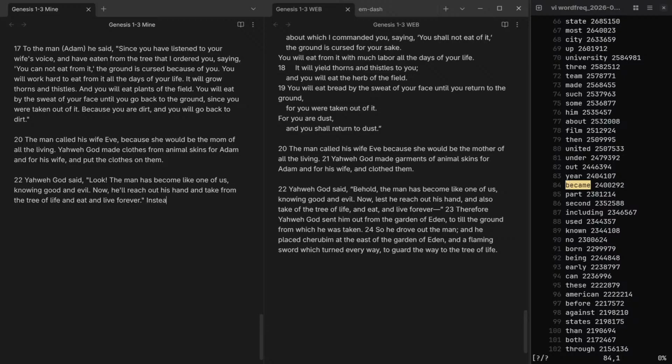Instead, Yahweh God sent him out from the Garden of Eden to till. I want to put farm. Yep. To farm the ground from which he was taken. From which he was made. I could say farm the ground that he was made from. Period.